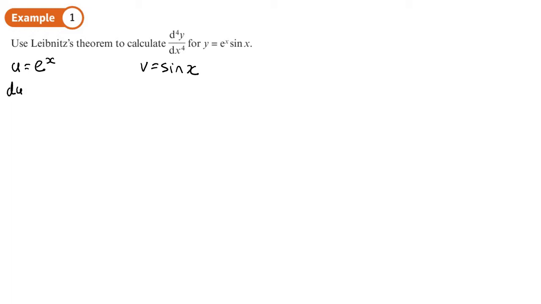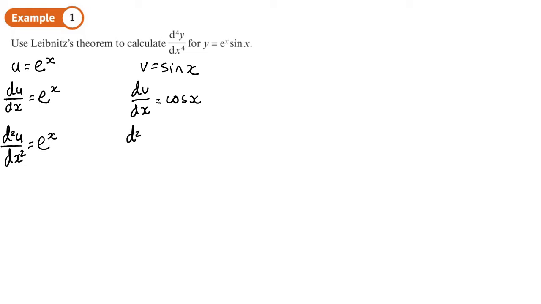So du/dx is easy, e to the x, dv/dx will be cos x. Now second derivative: d squared u over dx squared will carry on to be e to the x, and d squared v over dx squared will be minus sine x.